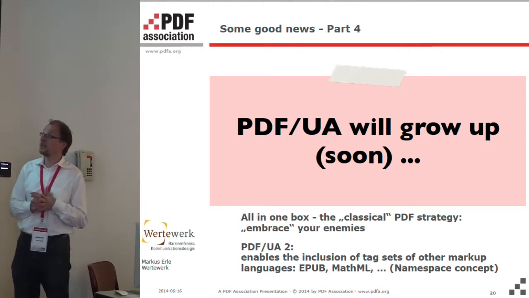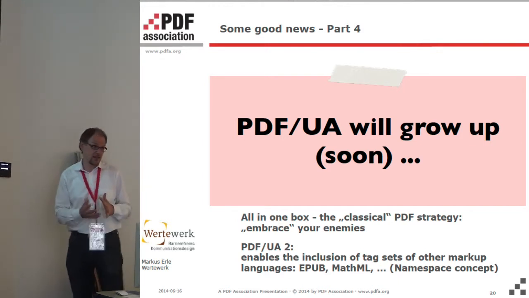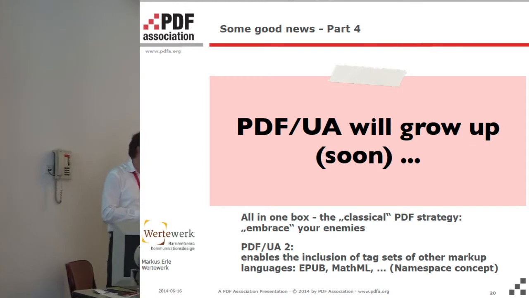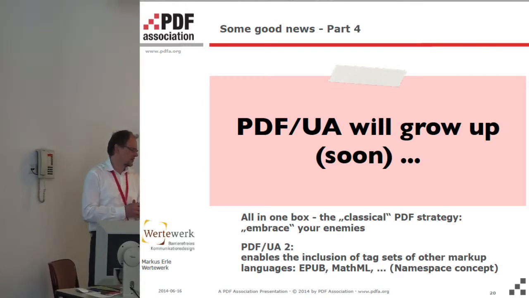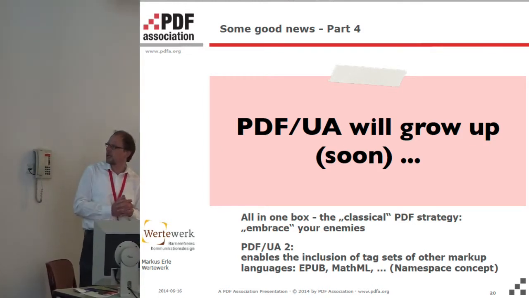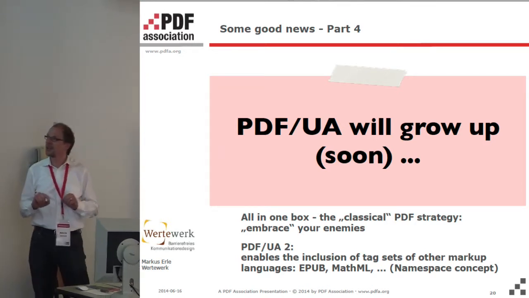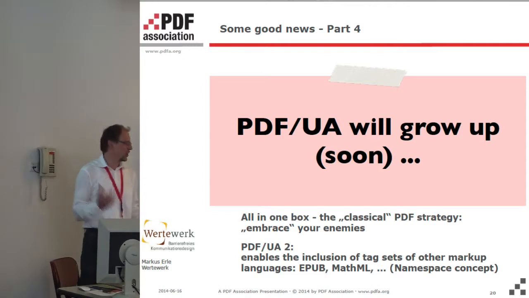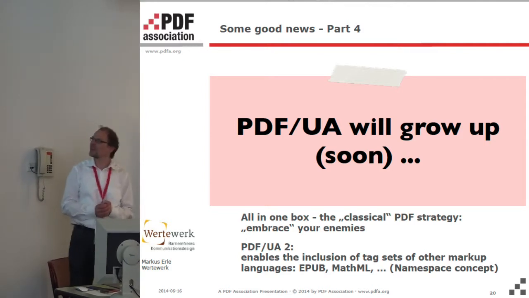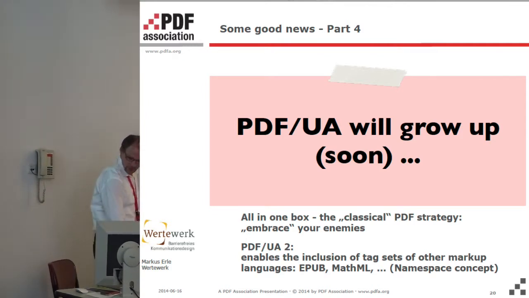This will enable the inclusion of tag sets of other markup languages like MathML, EPUB, DAISY, and so on. So it's the classical PDF strategy: embrace your enemies, all in one box. So I'm looking forward to it.